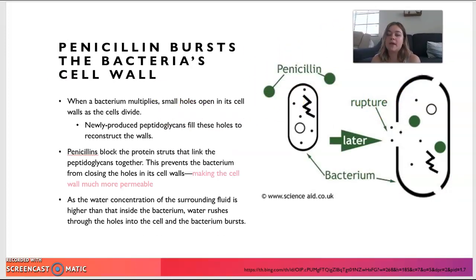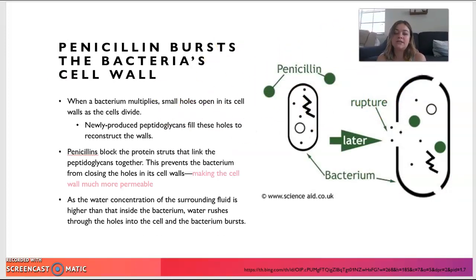So again, we'll talk a little bit more detail about how penicillin is really bursting the bacteria's cell wall. When the bacteria multiplies, there are these small holes that open up inside of the cell walls, and peptidoglycans really fill those holes so they can reconstruct the wall. So what penicillin is doing is it's blocking the protein struts that really link the peptidoglycans together.